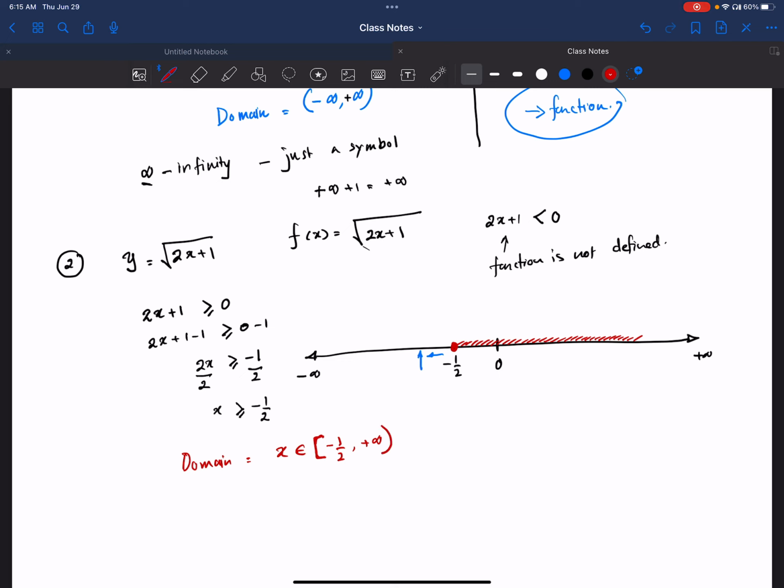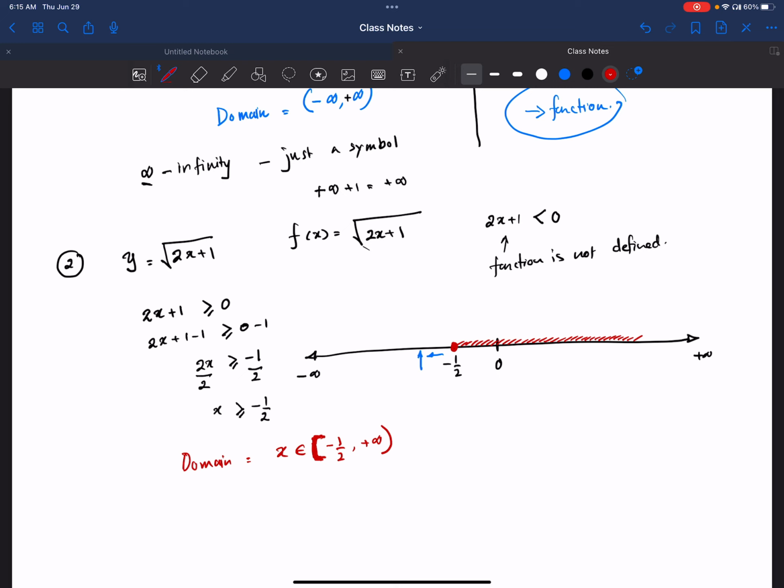For positive infinity we put a parenthesis because that's an open end. This is called a closed interval here, right? This is the open end, this is the closed one. The closed one uses a bracket, and the open one uses a parenthesis.